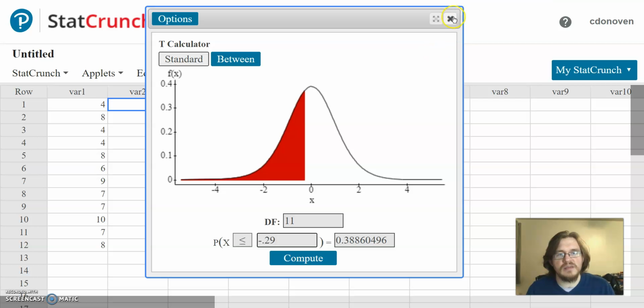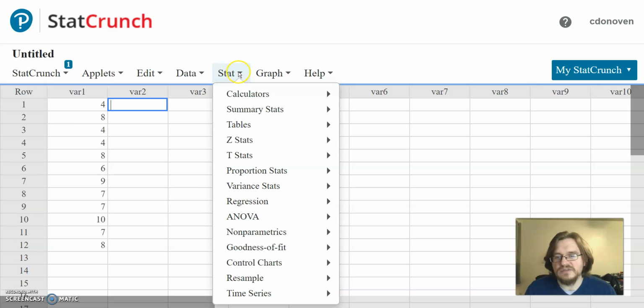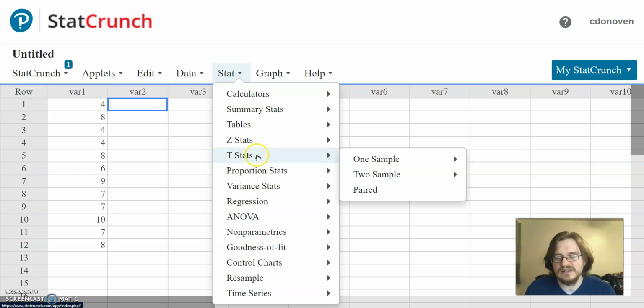The other thing to keep in mind is that StatCrunch can handle these sorts of calculations itself. So here I have loaded in all of the values for our sample. If I come to statistics, we can look at the t statistics.